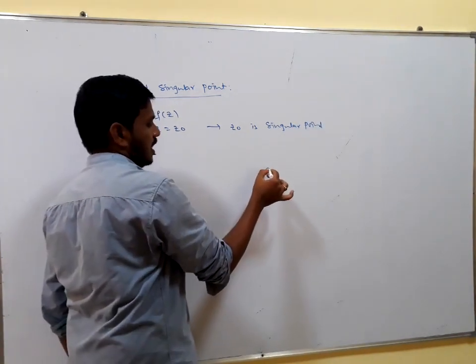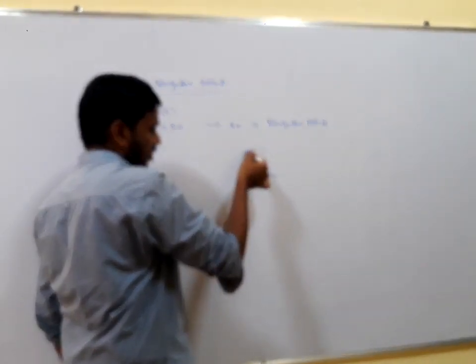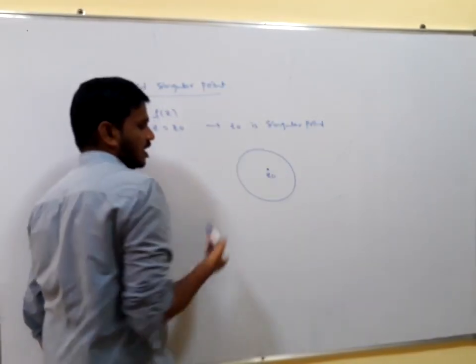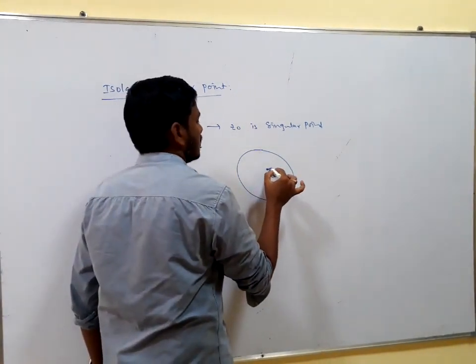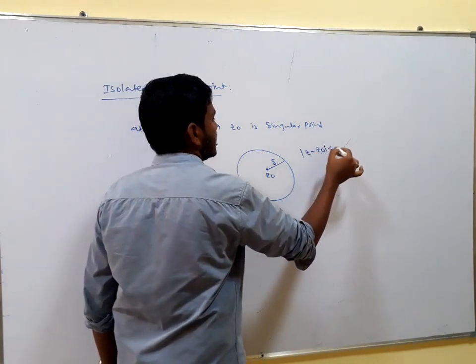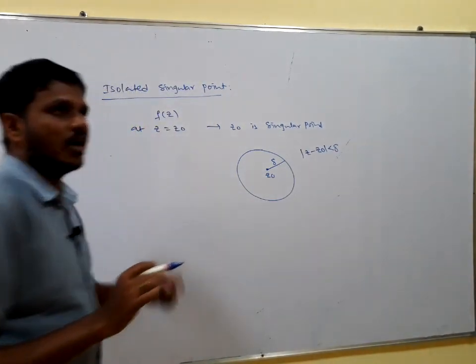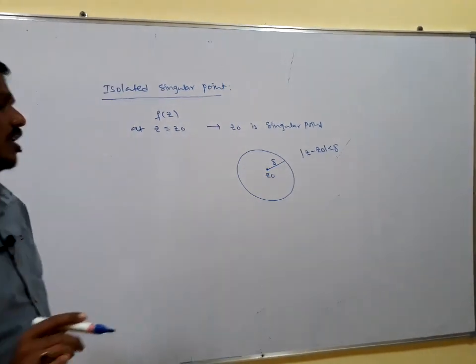If you take the delta neighborhood of the point z naught, that is, the set where the modulus of z minus z naught is less than delta, the function is not analytic at z naught. That's why we say that it is a singular point.